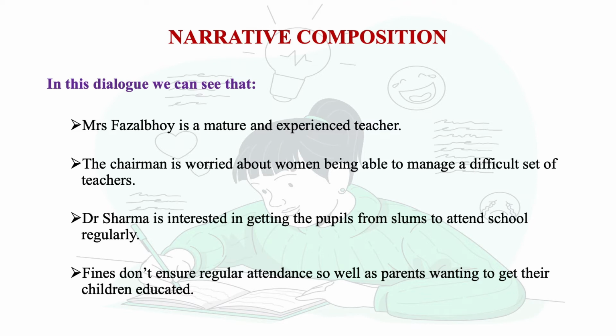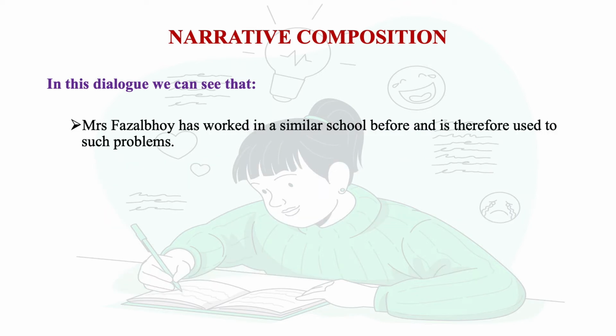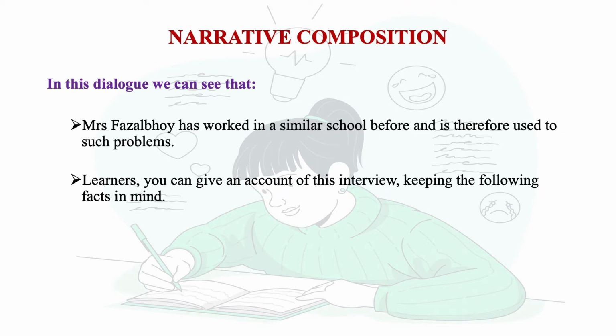Fines don't ensure regular attendance so well as parents wanting to get their children educated. Mrs. Fuzzleboy has worked in a similar school before and is therefore used to such problems. Learners, you can give an account of this dialogue keeping the aforesaid facts in mind.